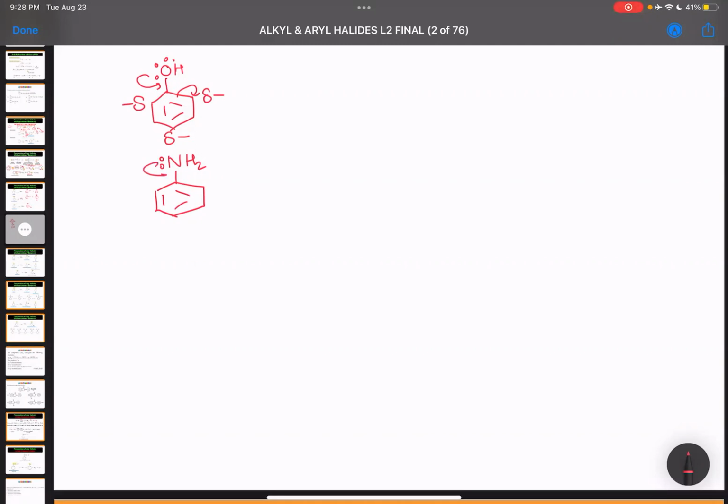Same is the case with aniline. These two are very reactive forms of rings, and these groups are very much electron donating. So here you don't have to take Br2 with Lewis acid. Simply Br2 in water is sufficient.